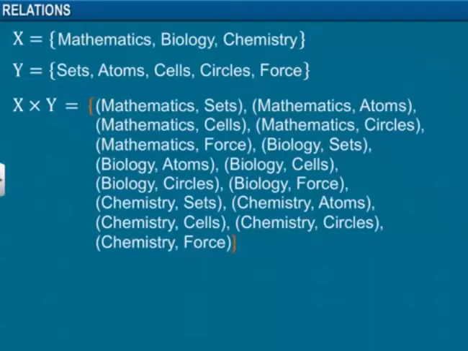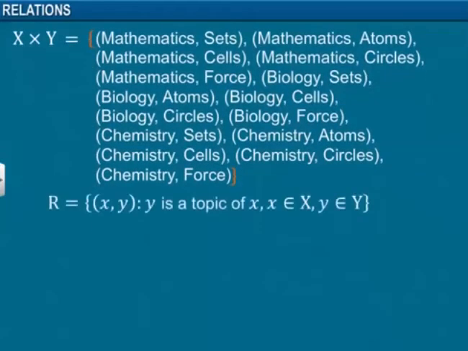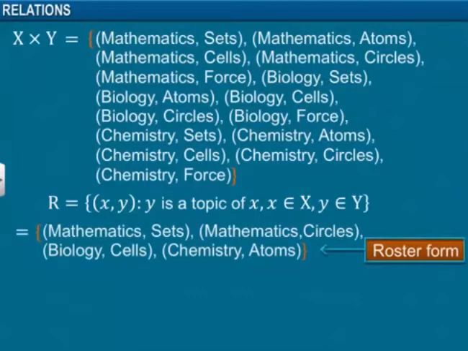That is, all ordered pairs (x, y) such that y is a topic of x, where x belongs to set X and y belongs to set Y. This is the set builder representation of the relation R. In the roster form, we list all the ordered pairs that satisfy the formula given in the relation.